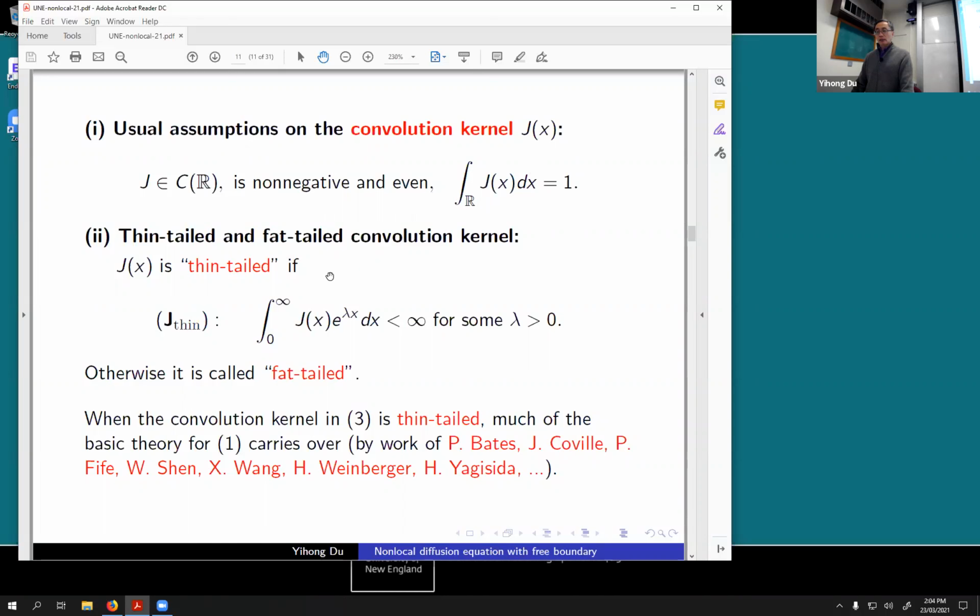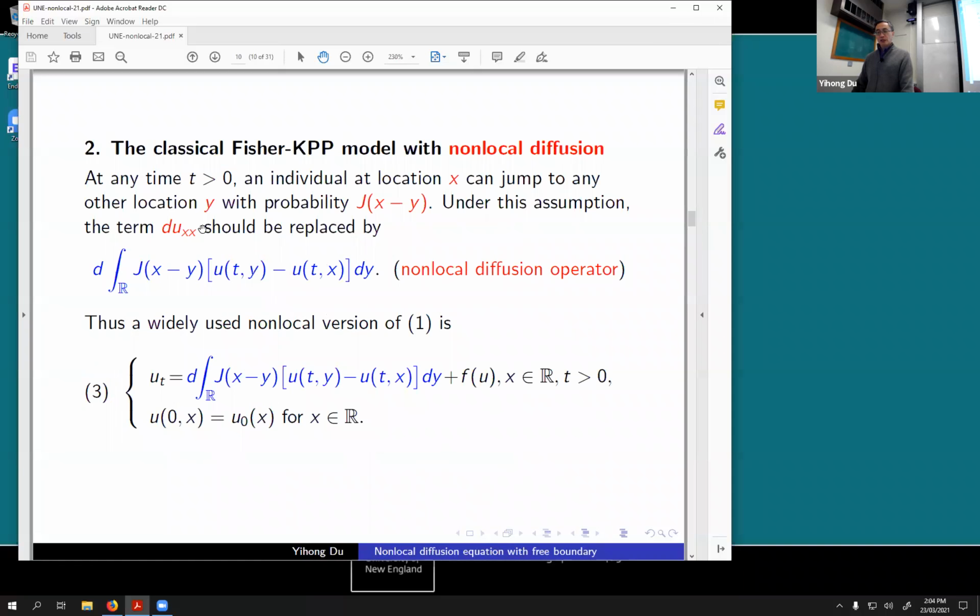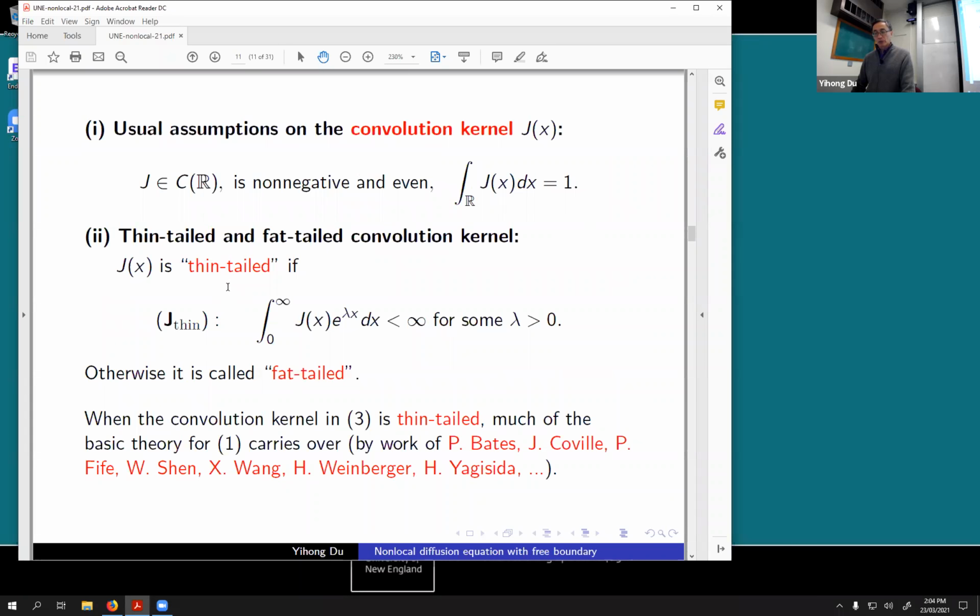And then, if you change the local diffusion to non-local diffusion in the problem, what kind of fundamental change can you have? Well, there is a change, and one important thing is the spreading speed. To describe this change, you have to single out conditions in terms of the kernel function.